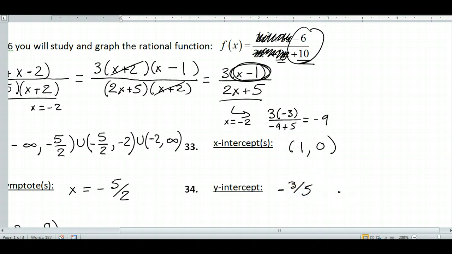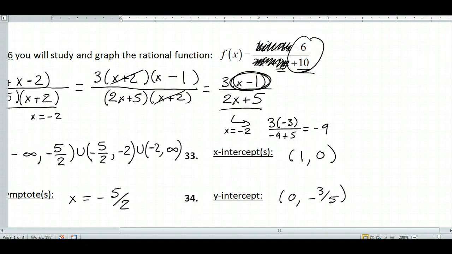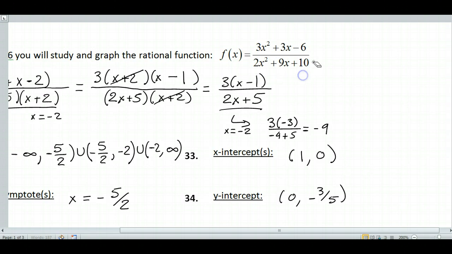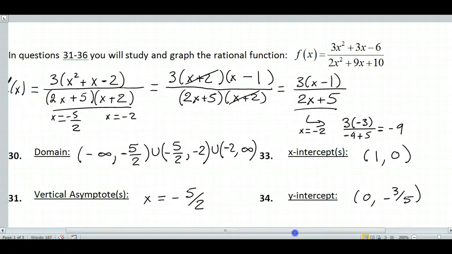Oh, sorry. Did you see my mistake? Negative 3/5. Okay, maybe I can undo this. Okay, here we go. So the work will still be a little bit clean.